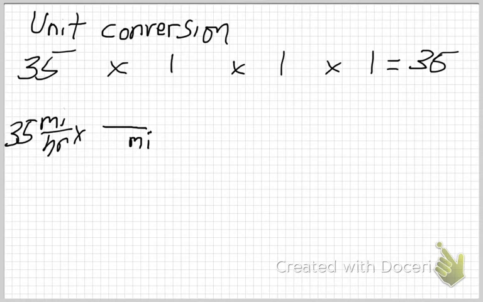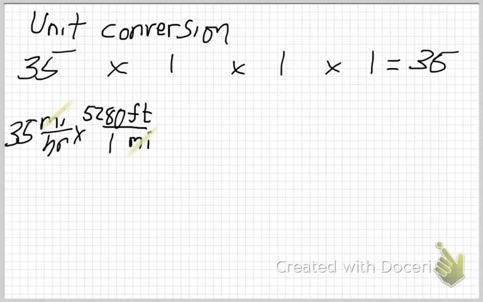And then let's just say we know how many feet there are in a mile. Right? So you can look this up. It's just 5,280 feet in 1 mile. Okay. So what we've done here is algebraically cancel this mile with that mile right there.